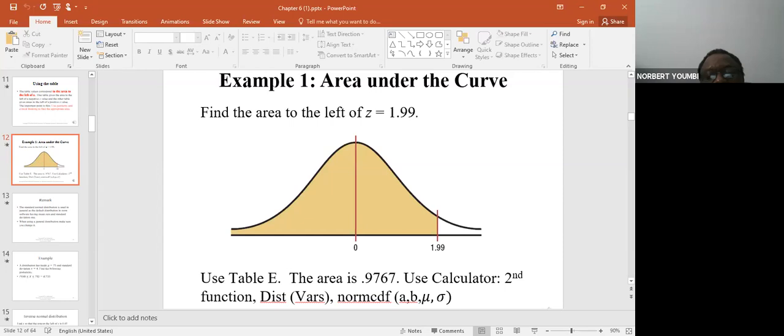Next, we can use a normal distribution table. Let me go to Google. That is another option.